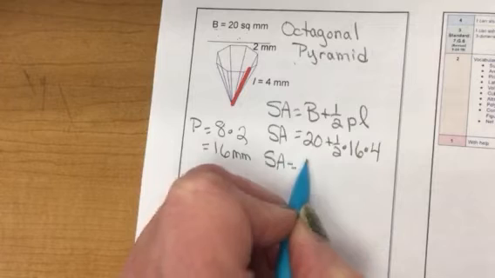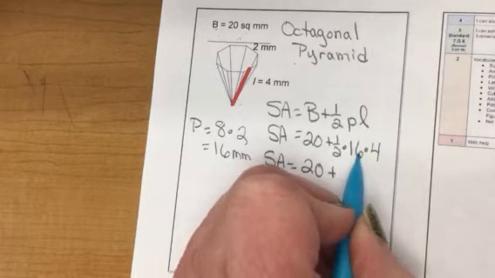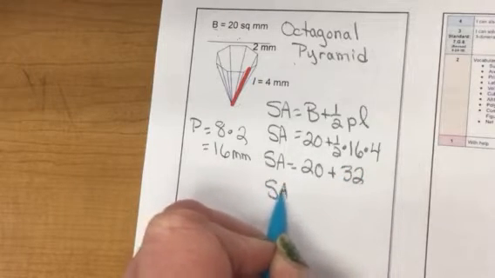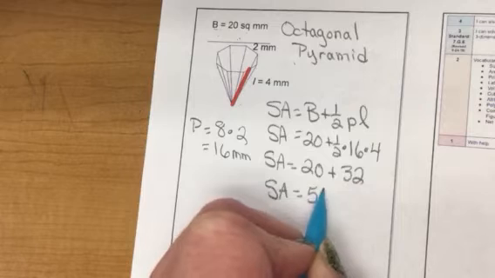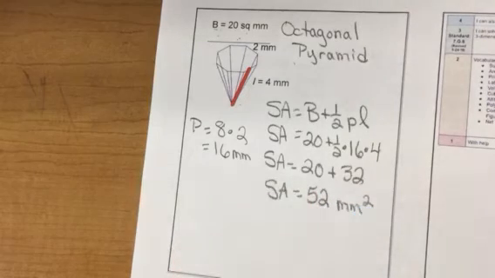Surface area is 20 plus half of 16 is 8. 8 times 4, 32. Surface area is 52 millimeters squared.